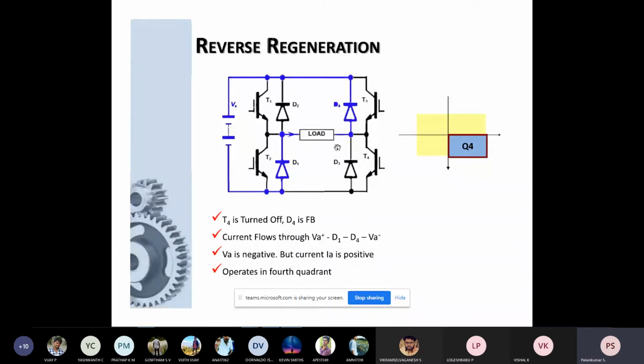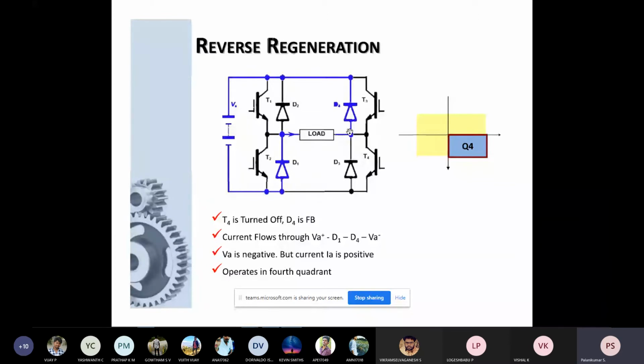So I am turning on the parallel diode of T3 and the parallel diode of T2. If both are forward biased, because of the energy stored here, the current will go in the opposite direction.